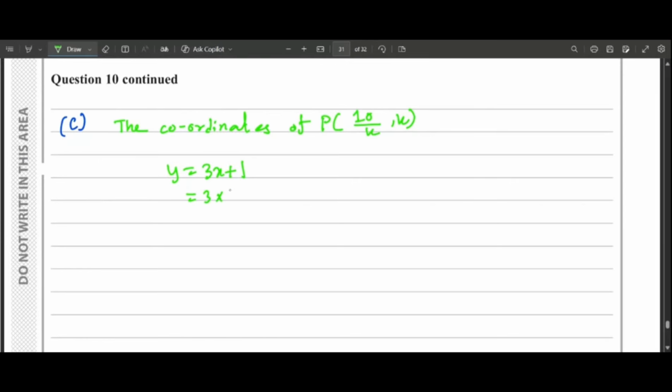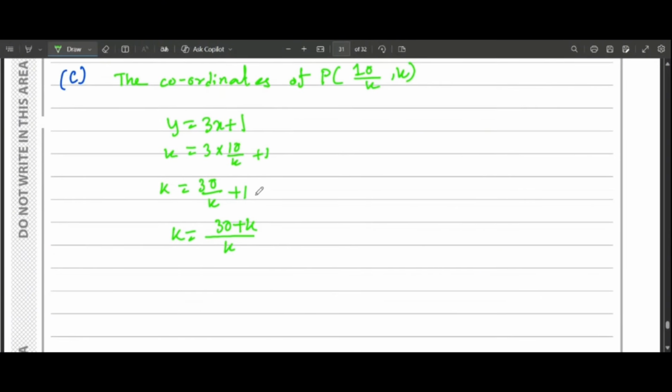So this gives us 3 into 10 by k plus 1 equals k.